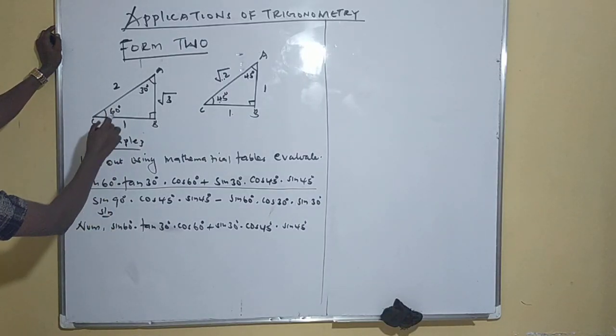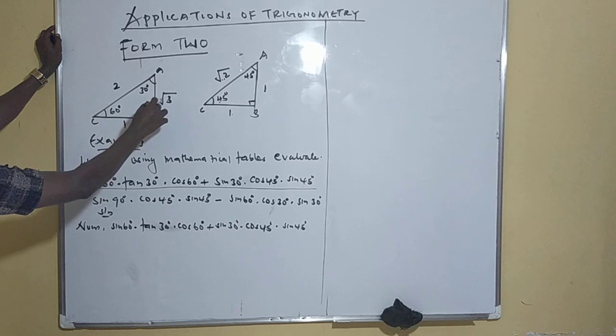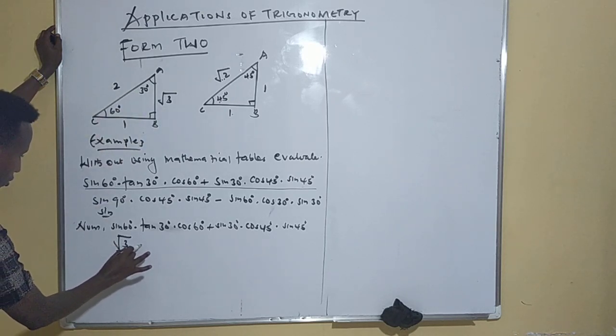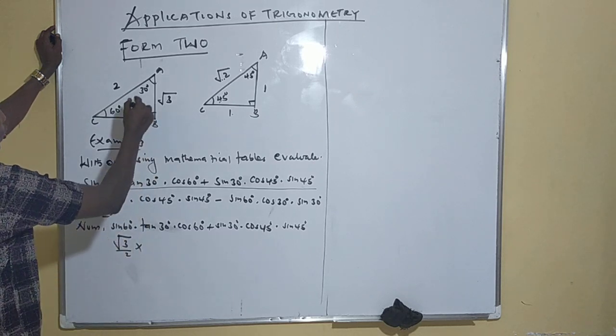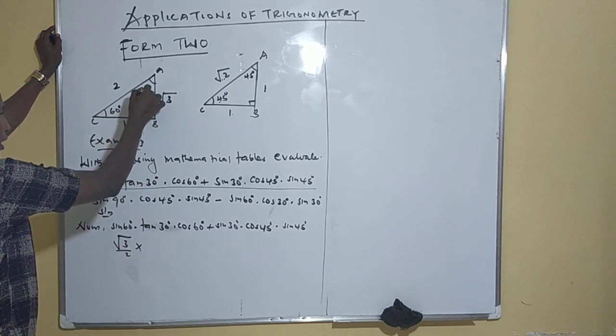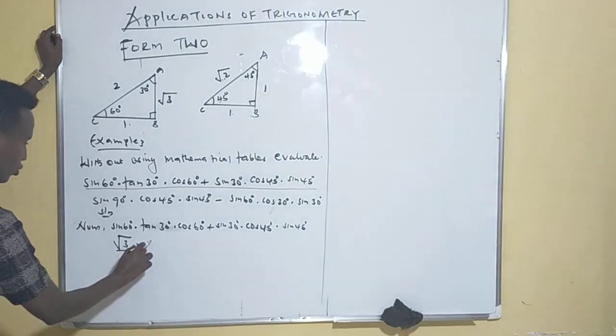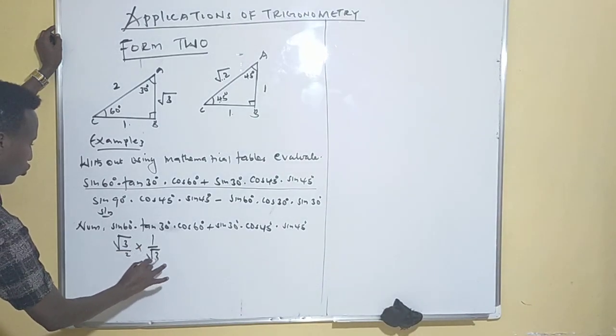Sine 60 is what? Opposite over hypotenuse, that's root 3 out of 2, times tan 30. Tan 30 is opposite over adjacent, so that's 1 out of root 3.